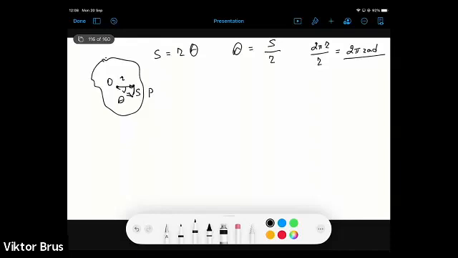First we can consider some average angular velocity, which will be theta final minus theta initial divided by final time minus initial time. So that will be delta theta over delta t.